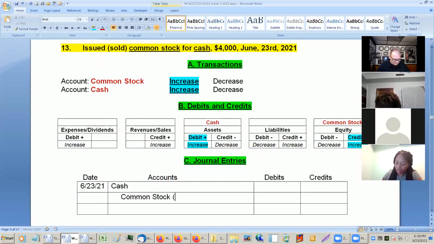Common stock, equity. And this would be a transaction that probably wouldn't happen that often. If you're a large company, maybe it happens more often. But for a small company, it could be years before you have a transaction like that.